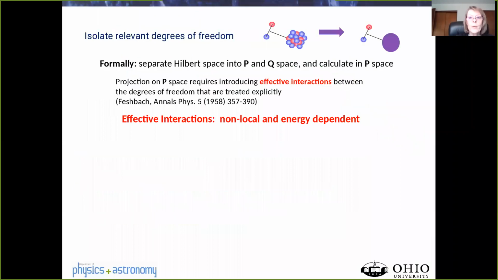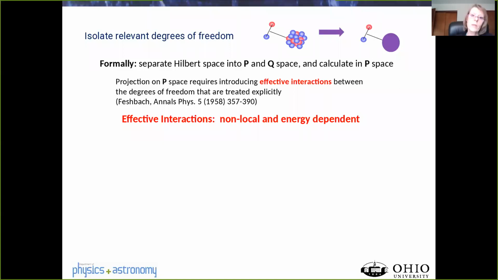So what are we doing? If you isolate relevant degrees of freedom, there's a formal way of doing it: you separate the Hilbert space into P and Q space, and you do your calculation in P space. The projection on P space requires introducing effective interactions between the degrees of freedom that are treated explicitly. And the person who already wrote this all down was Feshbach in 1958.